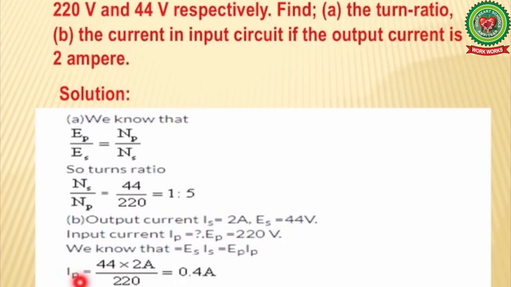So Ip is equal to, let's fill the values, 44 into 2 upon 220. 2 is output current, 44 is Es, and 220 is Ep. So the Ip comes out to be 0.4 ampere on solving this. So this was our numerical number 4.